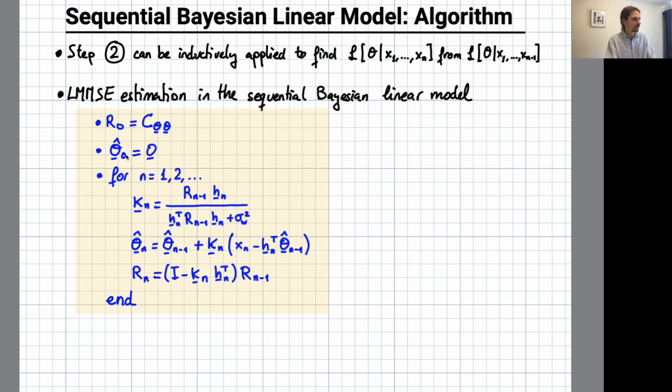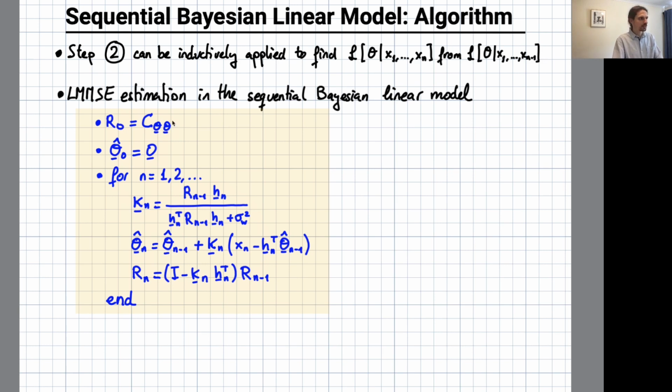So note here that these definitions also make sense, right? Because Rn was the covariance of our error, and before seeing any data, the covariance of the error is obviously C theta theta.